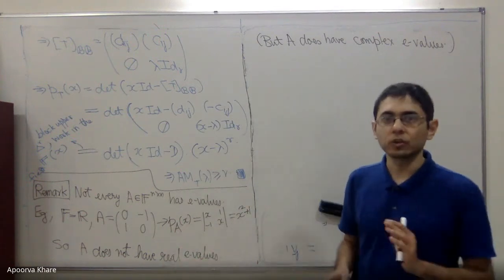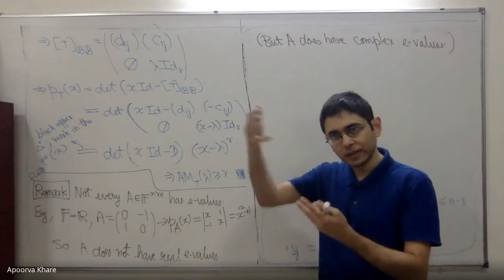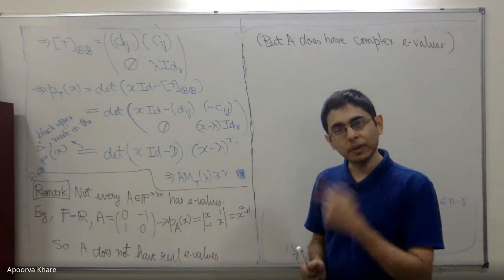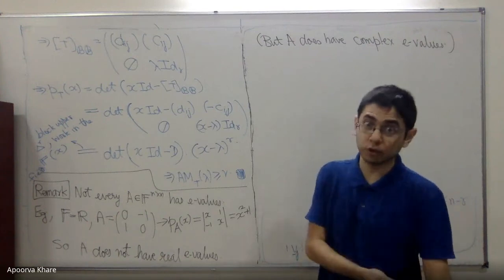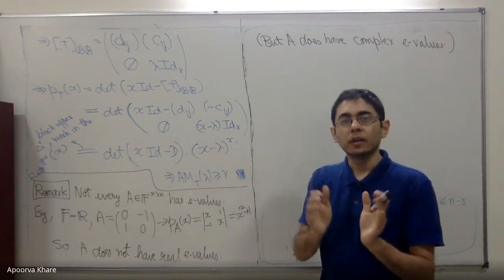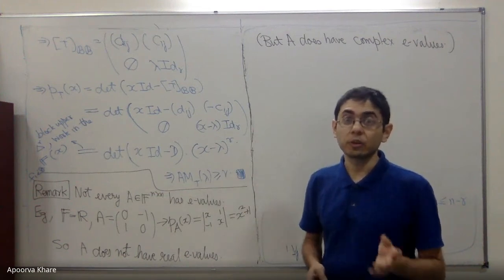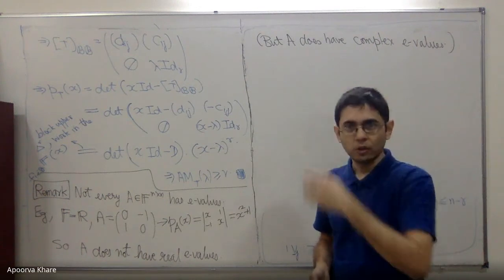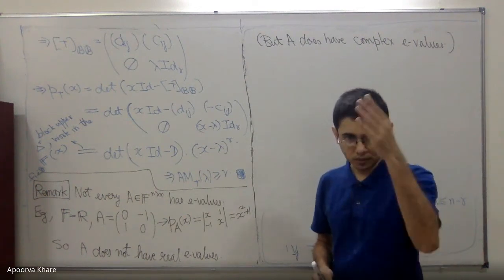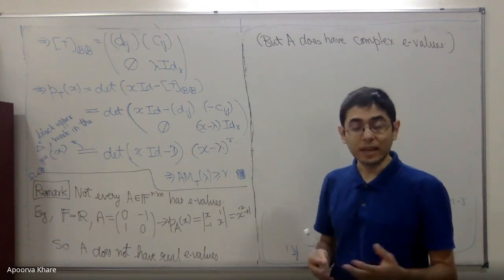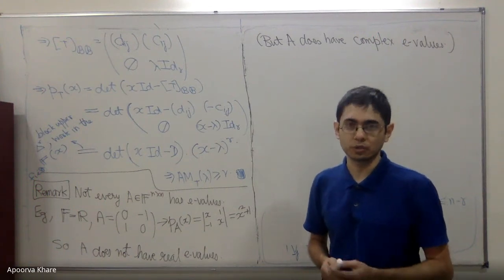No matter what field you start with, you can always embed it inside a bigger field such that every polynomial over the bigger field, and therefore over the smaller field, factors completely into a product of linear factors. So every polynomial has a root, so you can divide by the x minus lambda factor, by the factor theorem, you come to a polynomial of smaller degree, keep going. These fields which have this property are called algebraically closed fields.